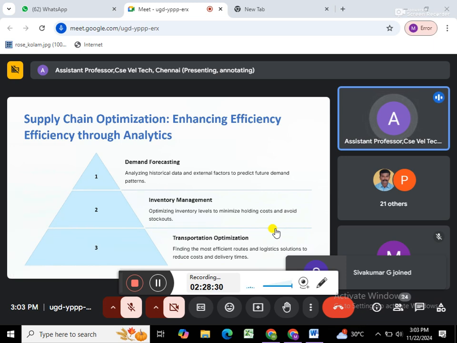The supply chain is an example of logistics, starting from the production of any item until the delivery of the items to the concerned people. All these different aspects we can call the supply chain: demand forecasting, inventory management, as well as transportation optimization. These are all very important for enhancing any industry through supply chain based optimization.